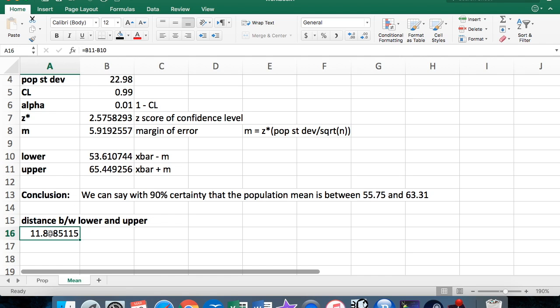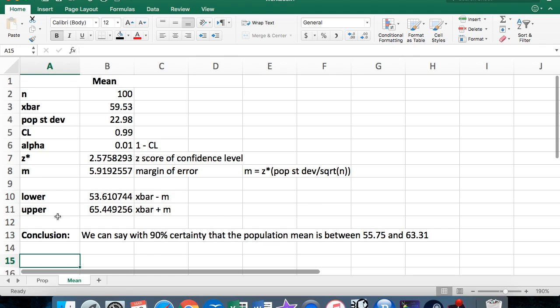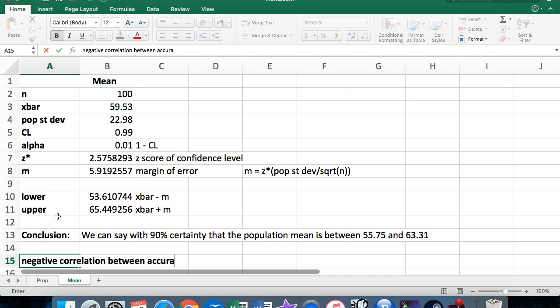So in other words, it's not going to be as precise, and that's what I got into, this inverse relationship. Remember, there's a negative correlation between accuracy, I think they use precision in this, between precision and confidence.